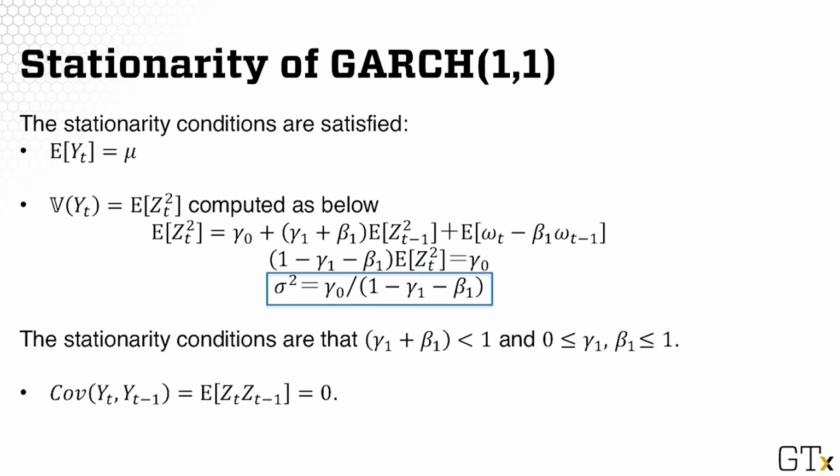That is, Yt and Yt minus 1 are uncorrelated. Note that this does not mean they are independent. In fact, for a GARCH model, they are not independent. Last, I'll point out that the second and the third conditions will be different for other orders of the GARCH model.